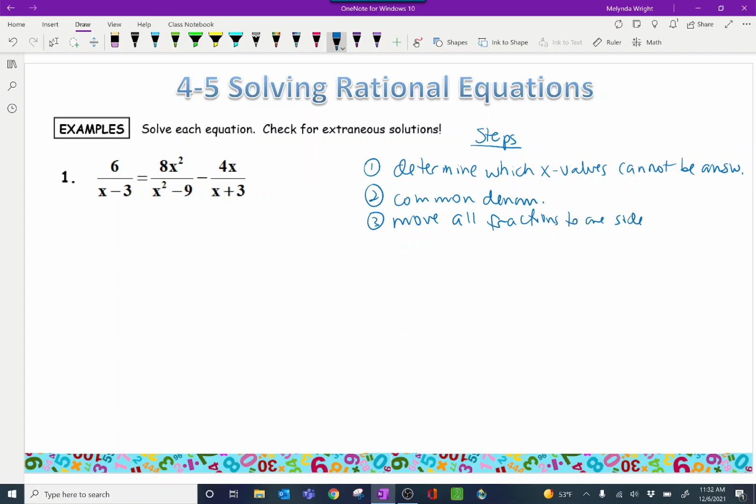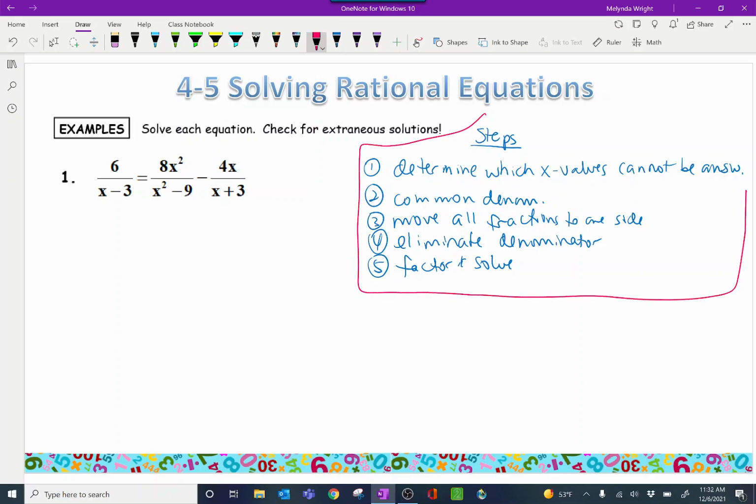Number four, I'm going to eliminate the denominator. And number five, I'm going to factor and solve. Okay, so those are the steps that I use every single time. So let's go through this process.